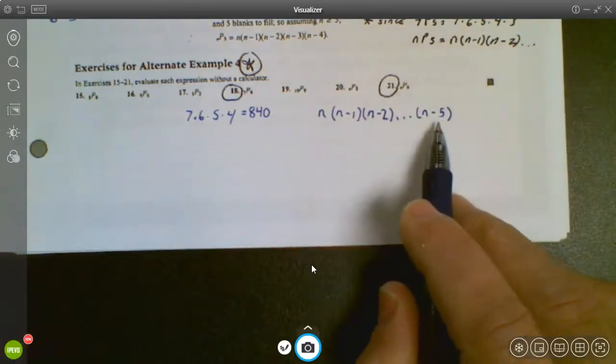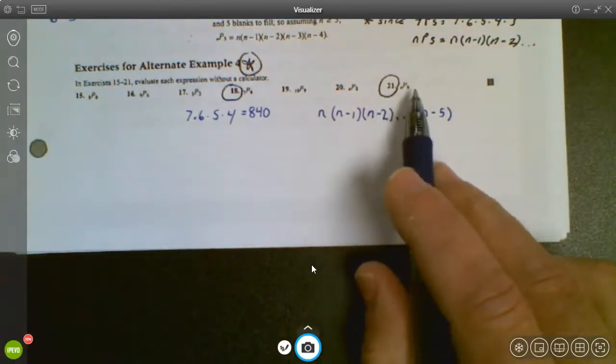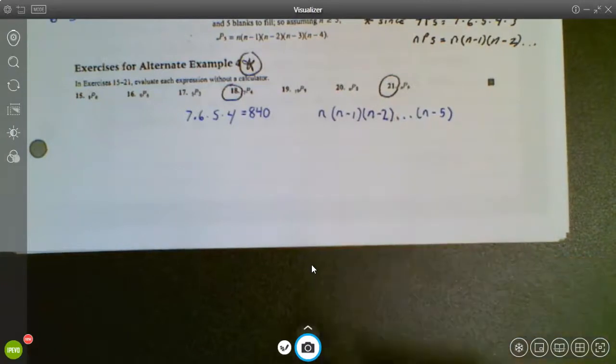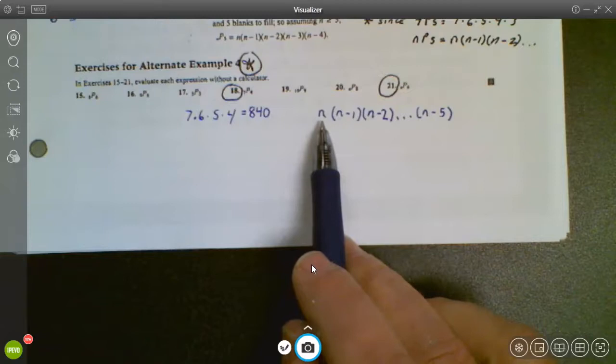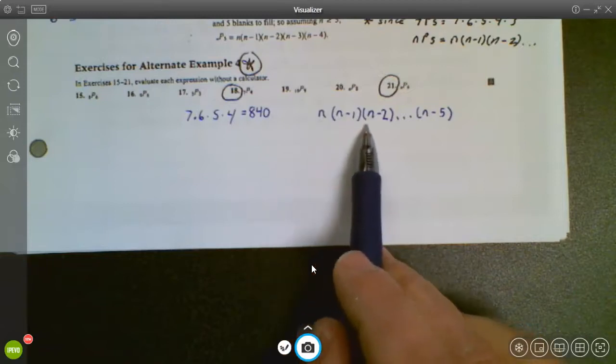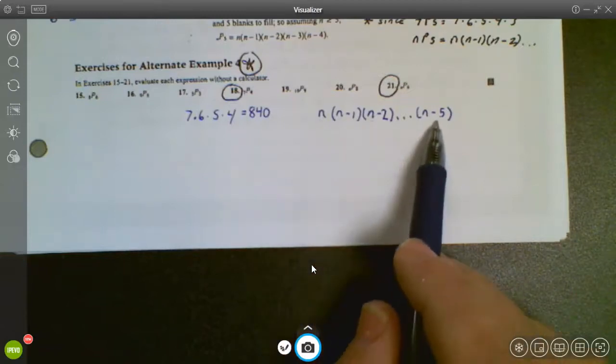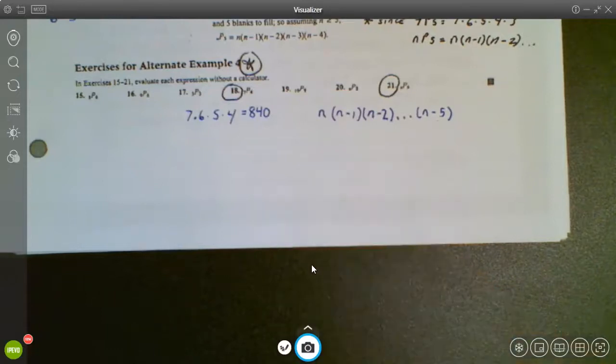That's always going to be 1 less than this number, because if I have 6 places to fill, I already filled the first one with just n. So here's my second place, third place. That would be my sixth place, the n minus 5. All right, let me move on.